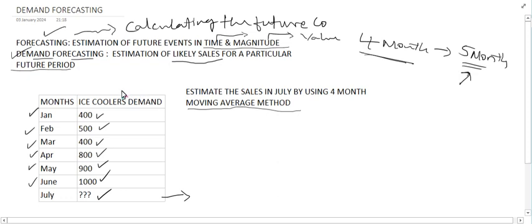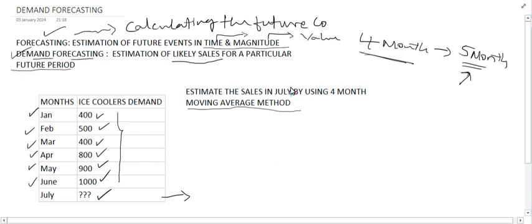These 6 months are nothing but the demand for the past 6 months. By using this data we can calculate the estimated number of ice coolers that will be sold in the month of July for that particular company.